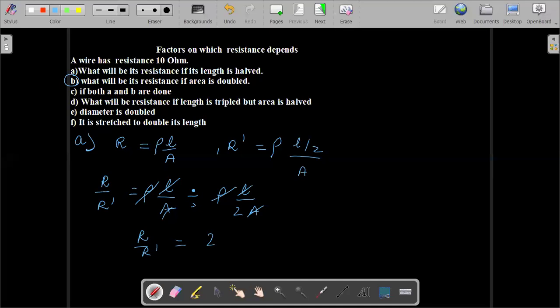Okay. So now do this part C. Once you have obtained part B, do part C.